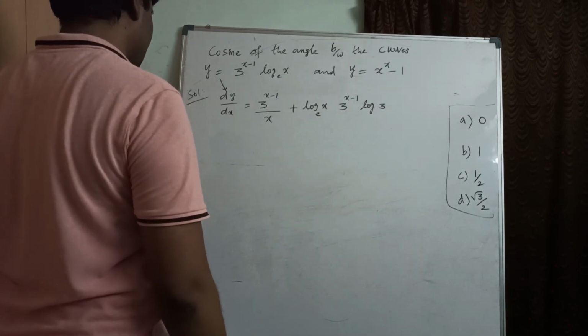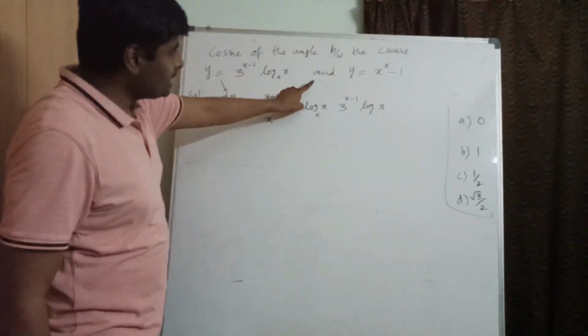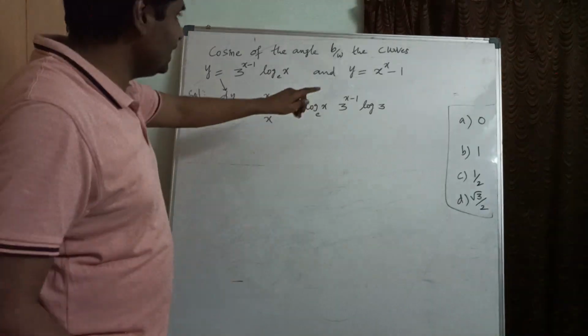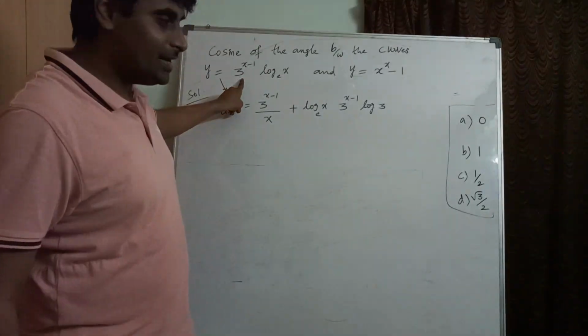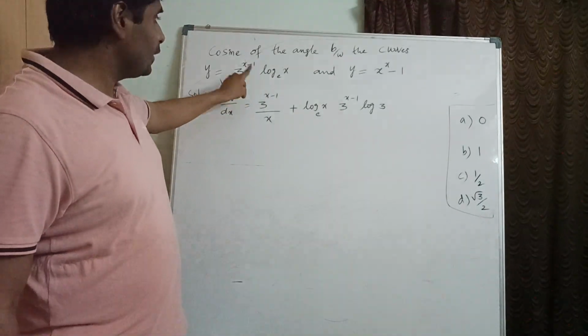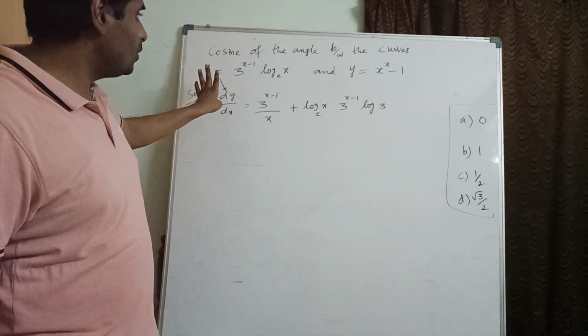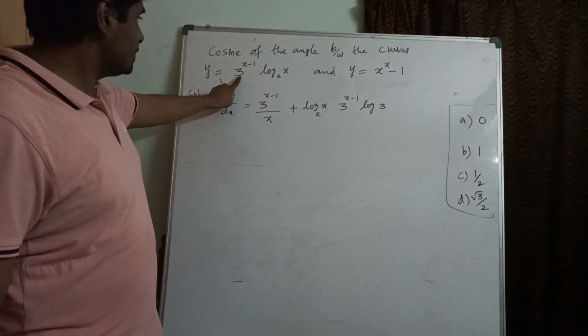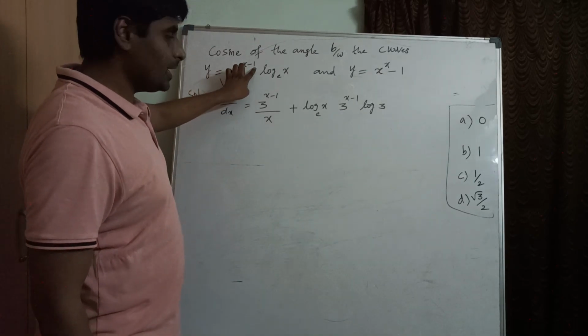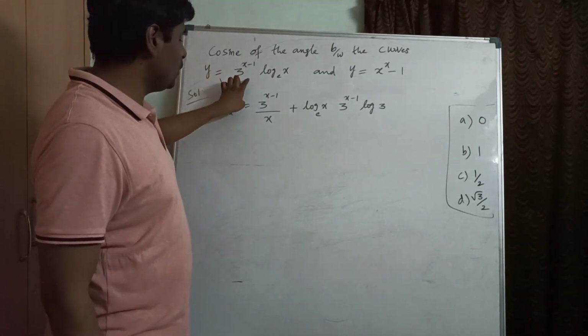Now, can we say the point of intersection? We are not given the point, but we can observe. See here, whenever you substitute 1 there, will you get 0? 3 power 1 minus 1 is 3 power 0, 1.